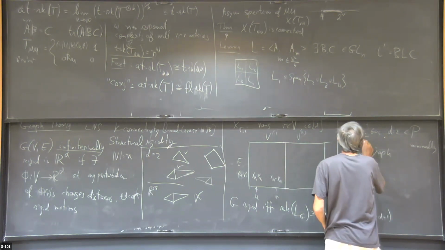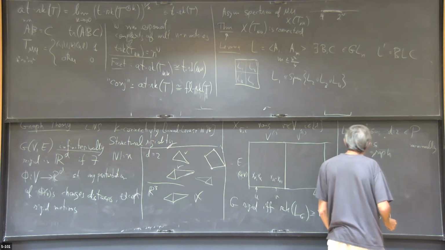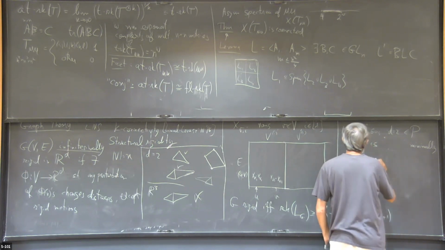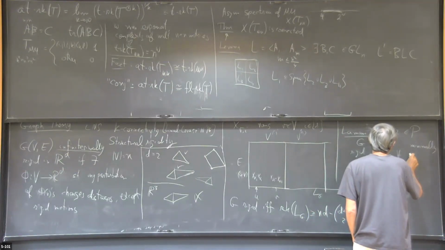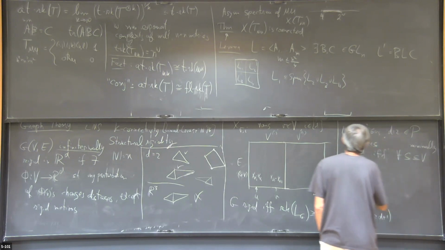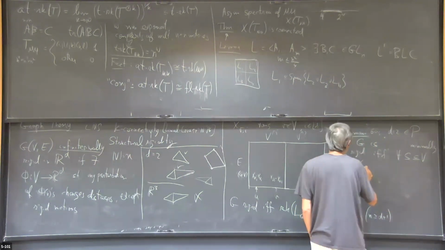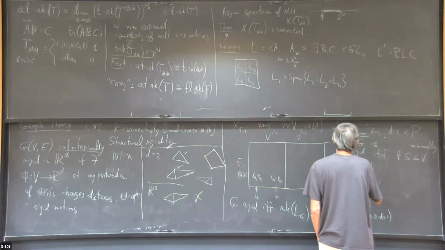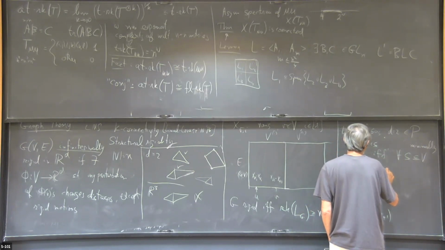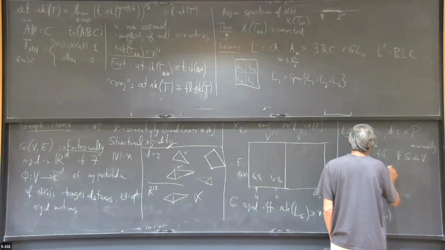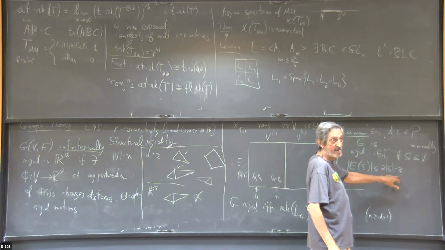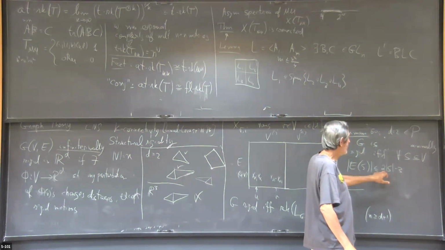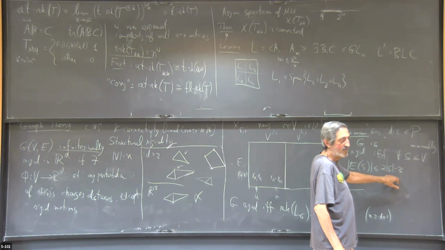G is minimally rigid if for every subset S of the vertices, the number of edges in S is at most, in the plane, d plus 1 choose 2 is 3, so n times d minus d plus 1 choose 2.